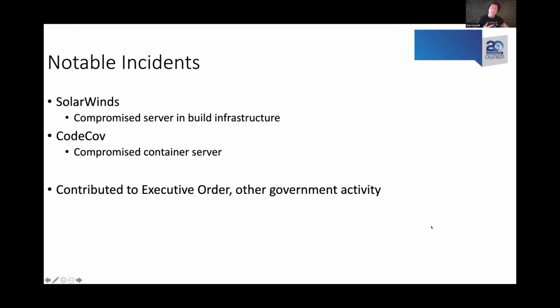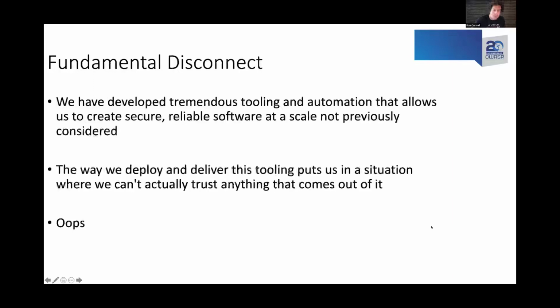And this trend, these aren't the only two, contributed to the Biden administration executive order and other government activity in the space. For vendors out there, it's tremendous fear, uncertainty, and doubt. But for practitioners or folks that are responsible for the security of CI/CD pipelines, it's also a call to action. Let's take a look at this potential exposure area that we might not have looked at before.